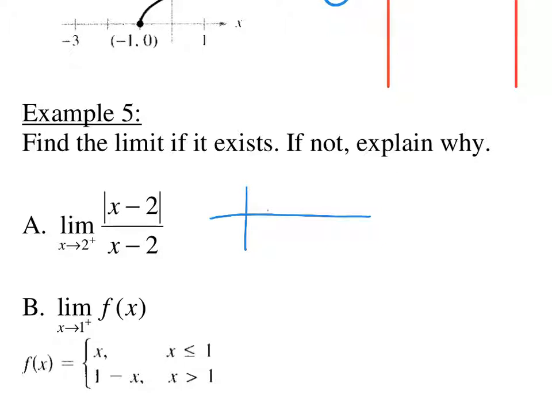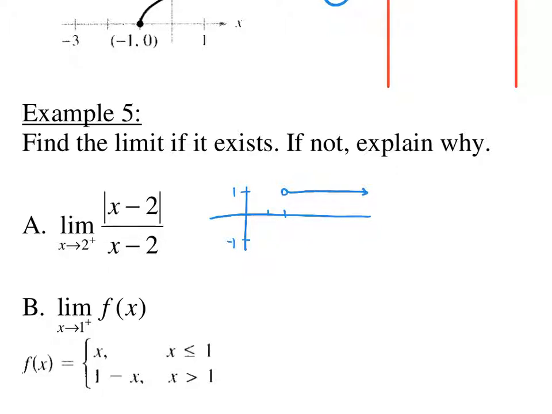Now we know that this is not defined at 2 at all because we'd be dividing by 0. But check out what happens. When x is bigger than 2, I've got a positive divided by a positive. That's going to be 1. So we've got this.